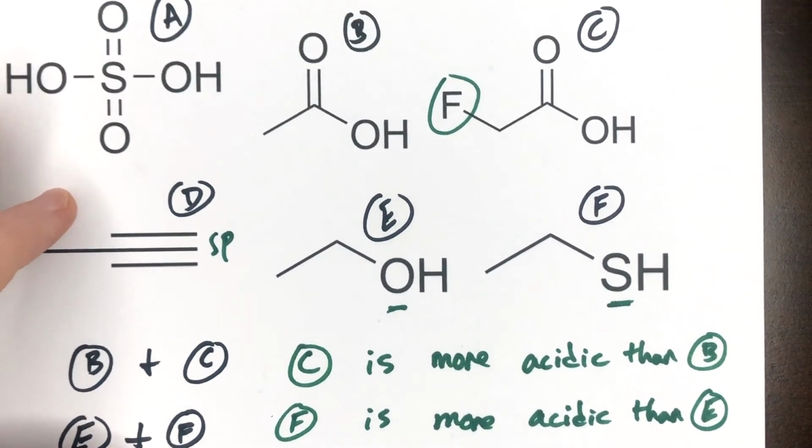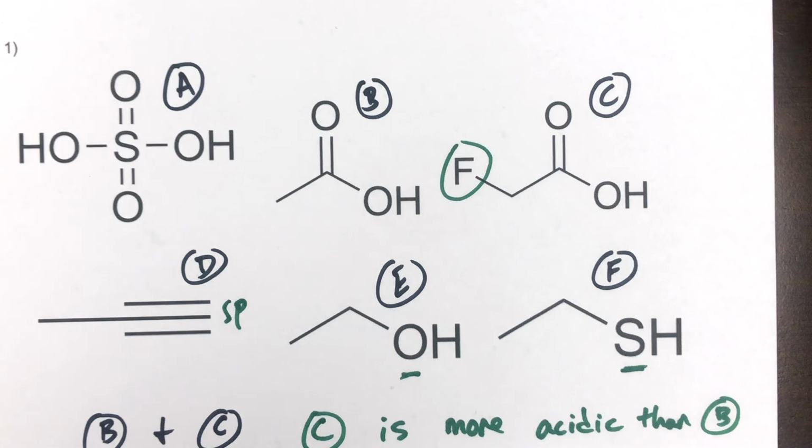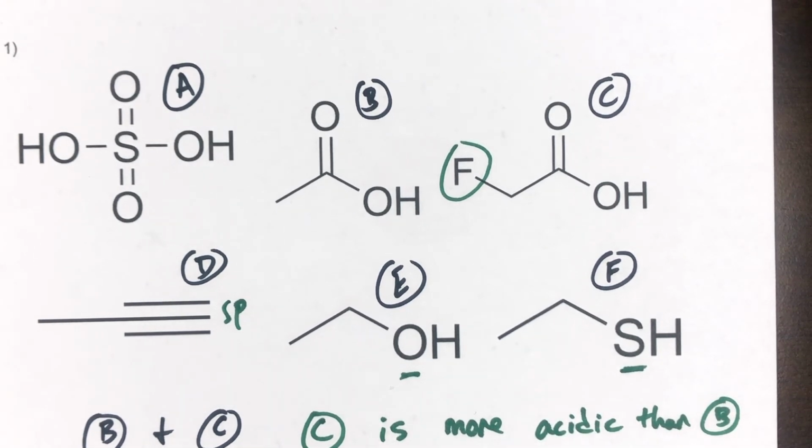So if we go all the way back up, we now need to compare which one is going to be the most acidic. Well, we know that A, B, and C all have resonance stabilization, which is one of the biggest contributors to acidic strength. So we know A, B, and C are going to be more acidic than D, E, and F right away.